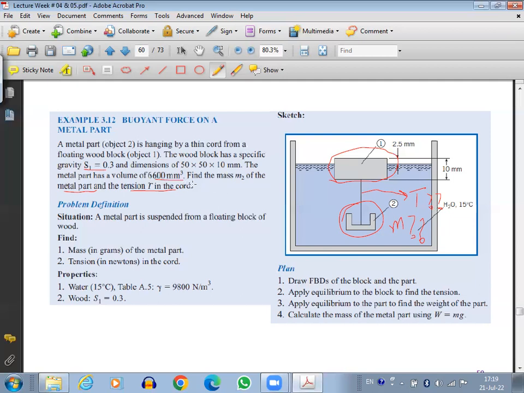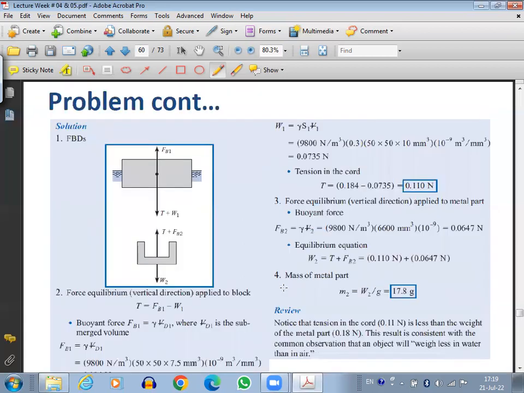The metallic object volume is provided. And for the wooden block, specific gravity is given. Specific gravity for the wooden block is 0.3. So now let's see the solution.